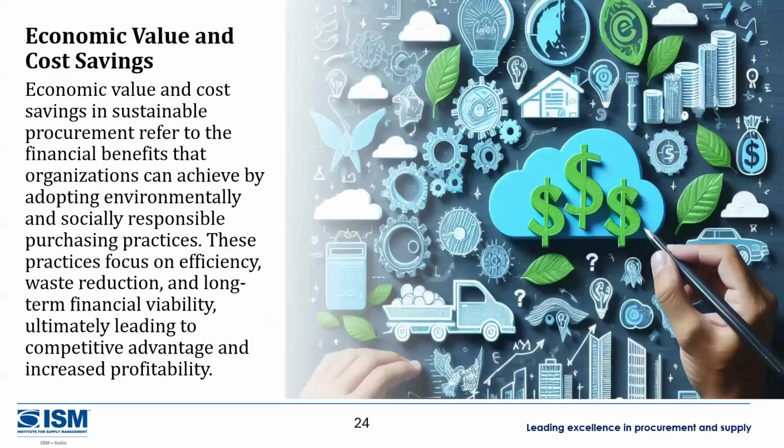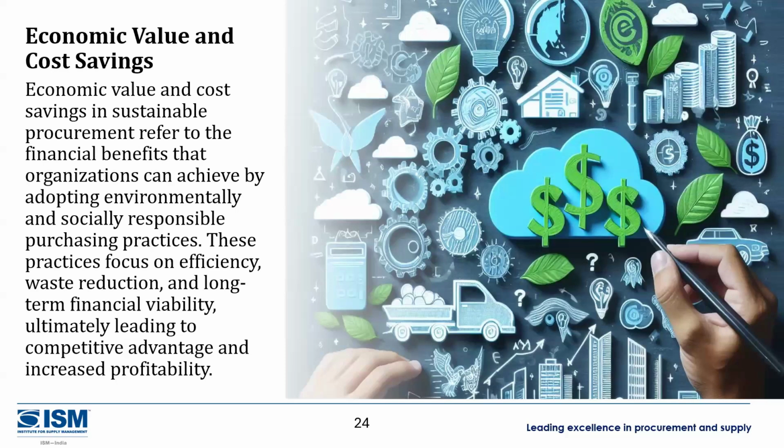So let's go to the next slide, economic value and cost saving. What does it talk about? It talks about how financially a company can benefit by adopting environmental and socially responsible practices, or procurement practices, to be very precise.